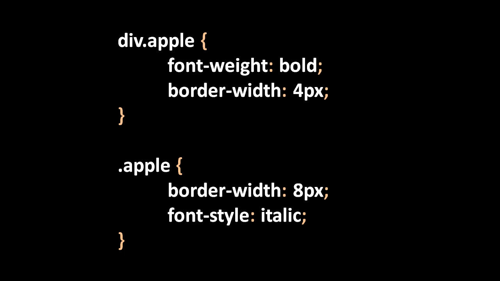So the tiebreaker then is which has the most classes specified, and the answer is, they both have an equal number of classes specified, they just have one, the class apple. And so from there the question is which selector has the most tag names in it. And only the top one here has any tag names. It specifies div. So that's the one that's going to take precedence, and the elements are going to take 4 pixel borders, not 8.